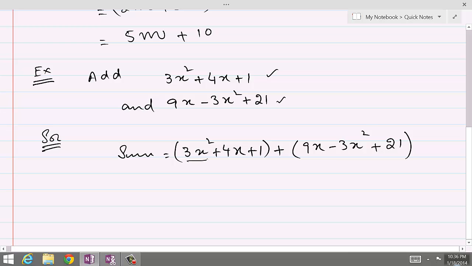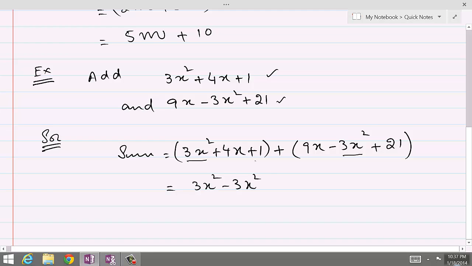Is there any other term which involves only x square? There is this term. We can take a look at both the variables and their exponents and classify them together because they are like terms, 3x square minus 3x square.